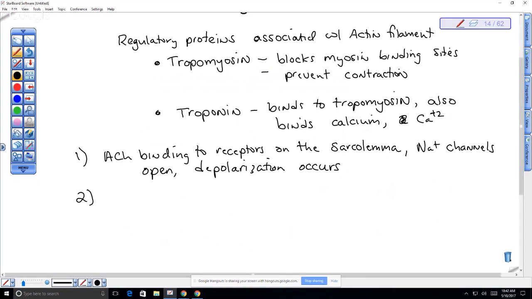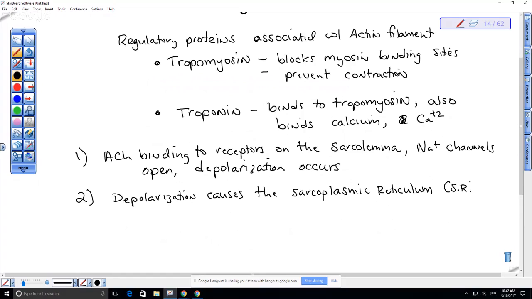So the second thing that happens is that the depolarization causes the sarcoplasmic reticulum, abbreviated as SR, to release calcium into the cytoplasm of the cell.